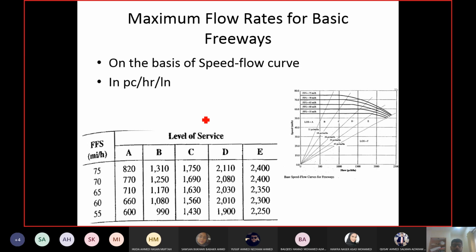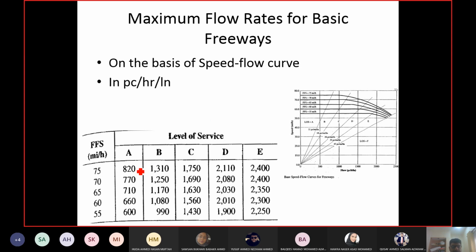If you look at the table shown in the slide, you may just guess the answer as well. If you don't know it, you may just guess. If you look at the maximum rate of flow, what is this? The maximum rate of flow at which what happens?